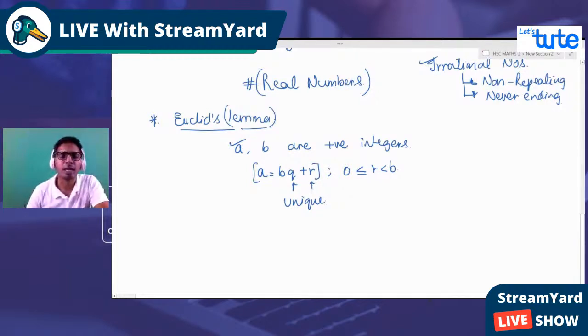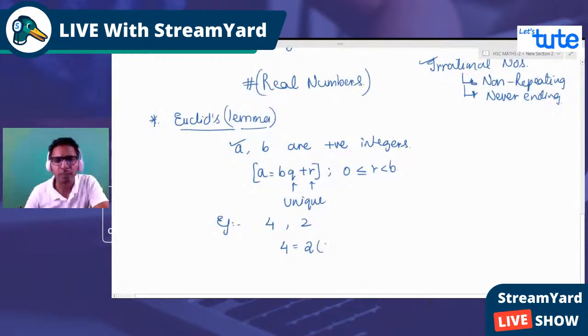Okay, let me take an example, 4 and 2. If I'm taking A as 4 and B as 2, I want to figure out what Q and R are.